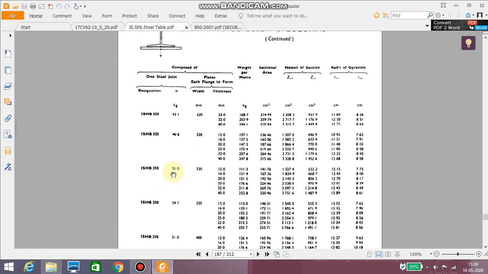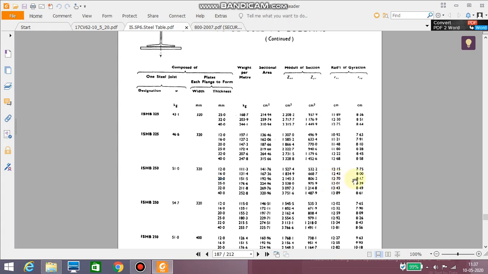See here, ISHB 250, the width of the cover plate is 320 mm and the thickness is 20 mm. This is the thickness and this is the width. In this we have the area as 192.96 centimeter square. It can be put as 19296 millimeter square. Then modulus of section and radius of gyration are given, rxx and ryy, or which can also be said as rzz and ryy.